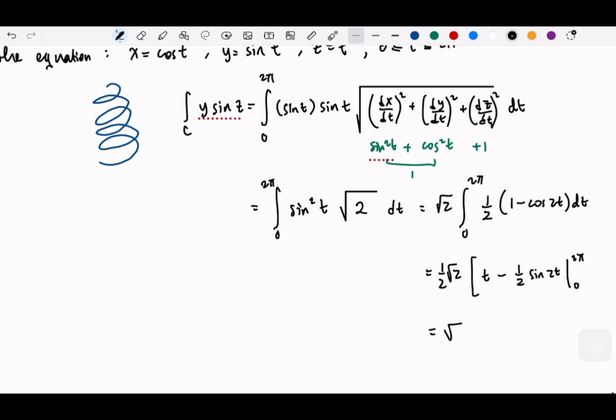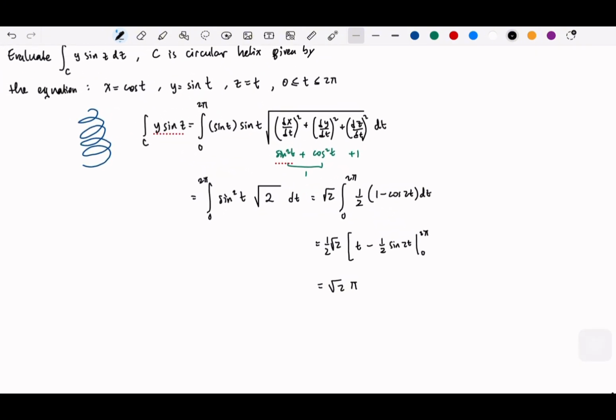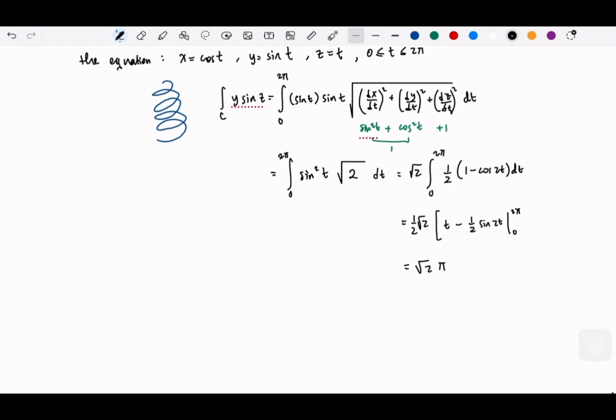And the sine part will be 0, right? So this will be square root of 2 pi. Okay. I think it's not really that complicated. Another example, the last example.